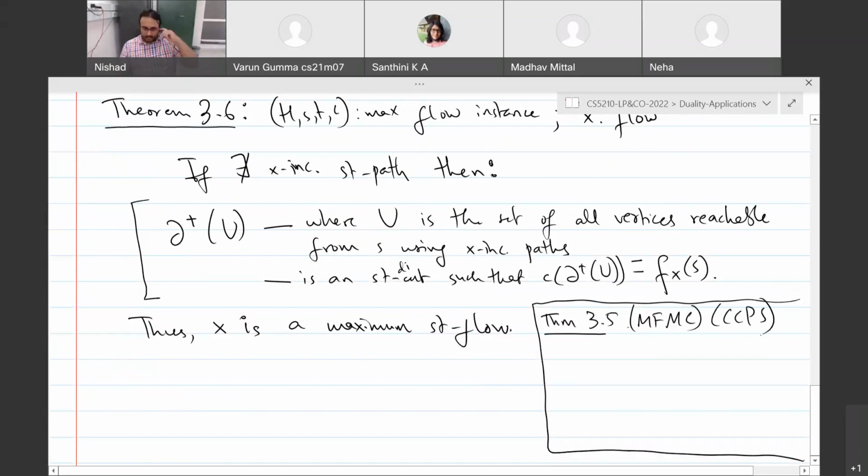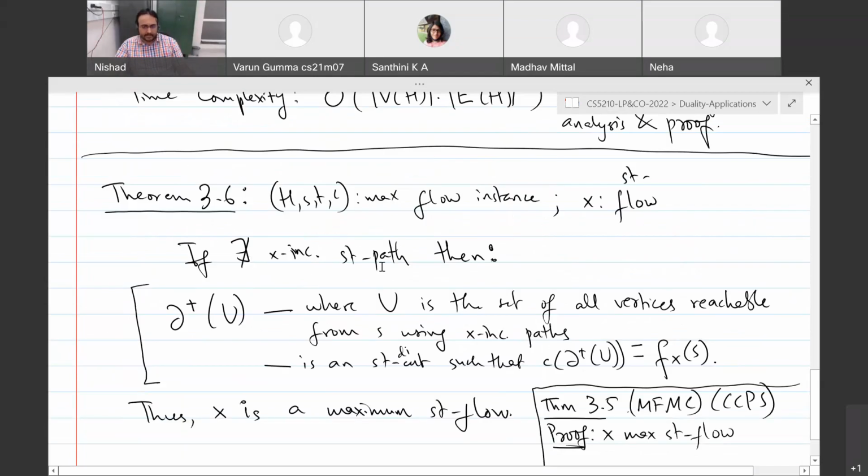I wrote the statement last time, so I'll just write down the proof. Let's say X is a maximum ST flow. That means there can't be an X-incrementing ST path, because if there is one, then we can improve the flow by choosing a value beta and then adding and subtracting as we did.